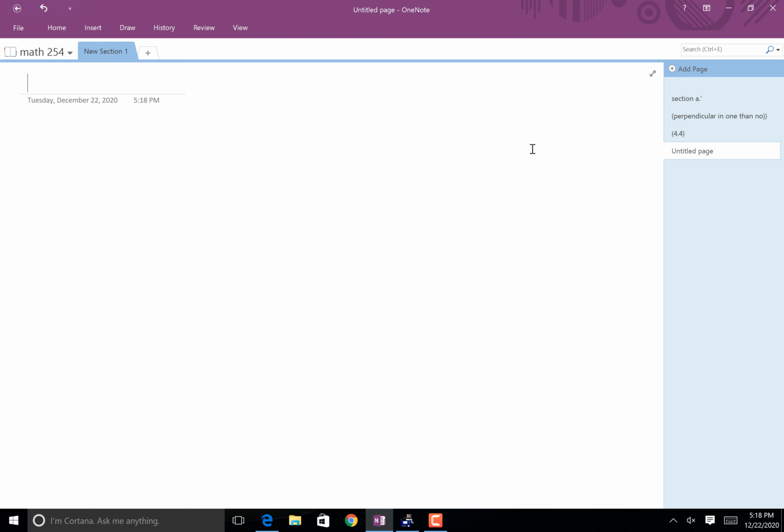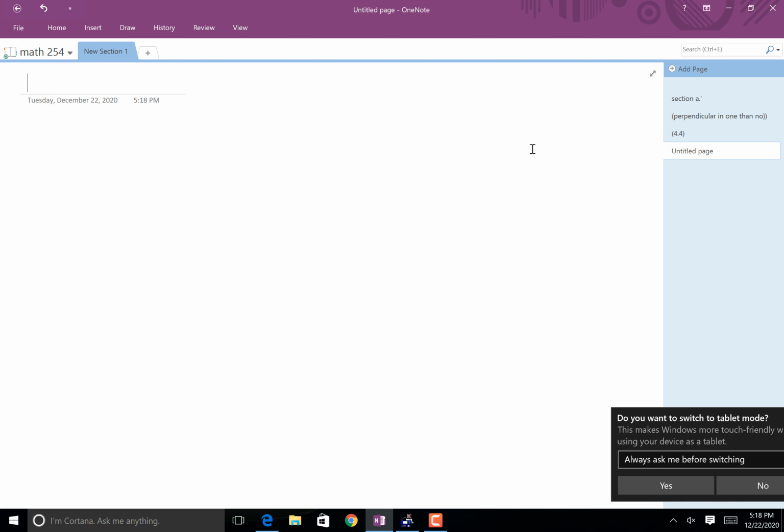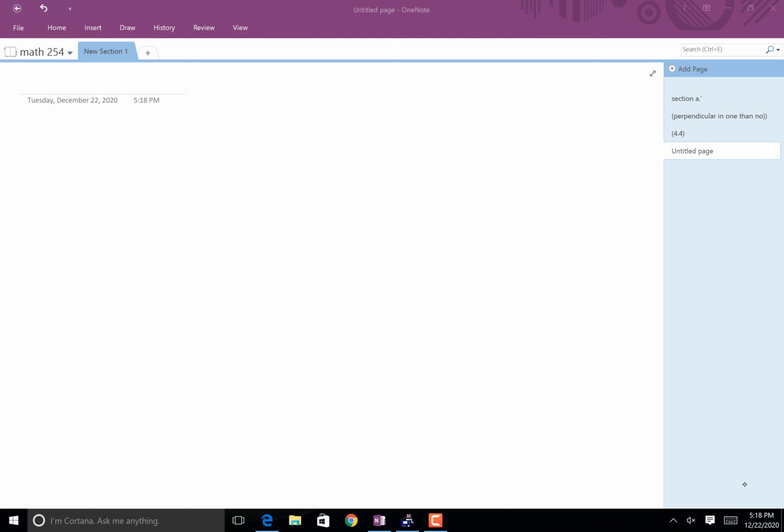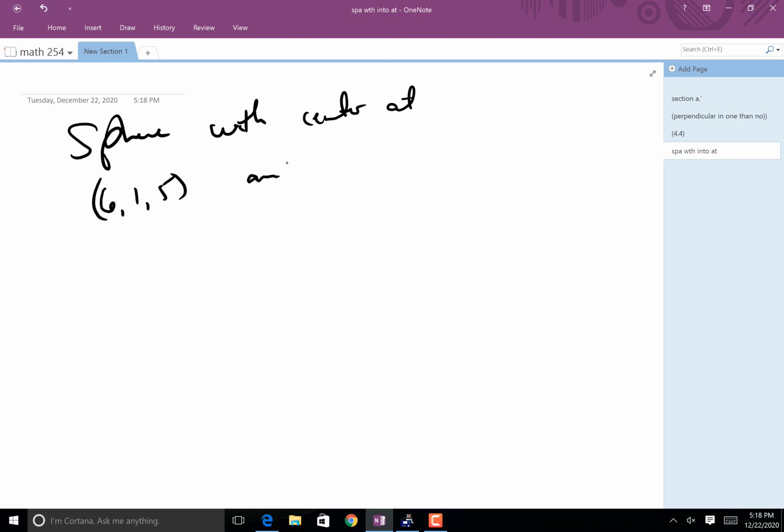So let's try this one here, for instance. Let's suppose you wanted to have a sphere with center at (6, 1, 5) and passes through (10, 5, 19), because I feel like it.